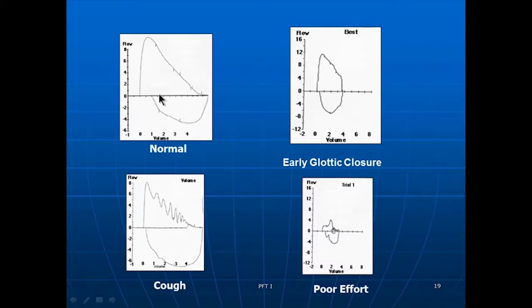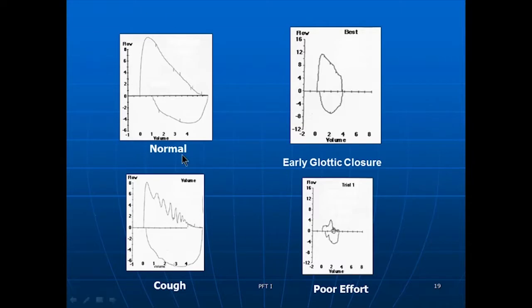You can see that there are coordinates: a vertical flow coordinate and a horizontal volume coordinate. So we're talking about a flow volume loop. These are examples of a flow volume loop. We look at flow because spirometry measures flow, and we look at volume, which measures volume as well.